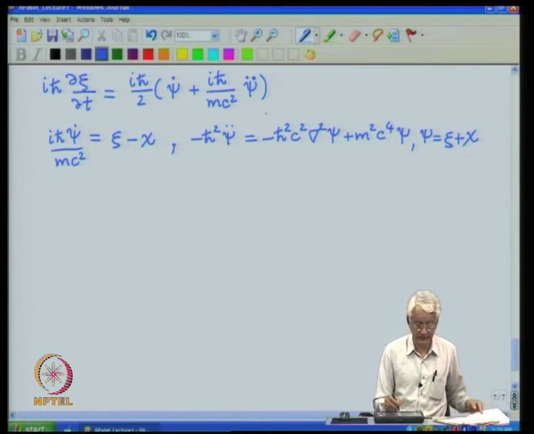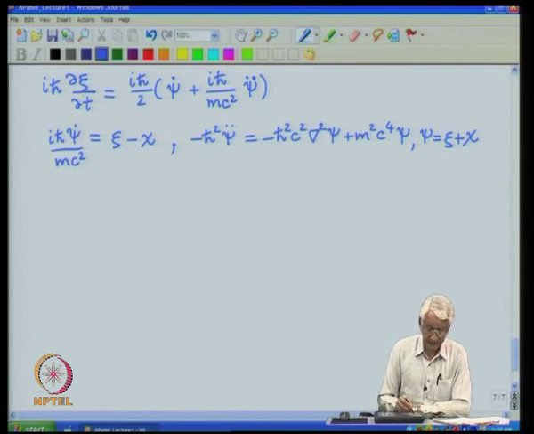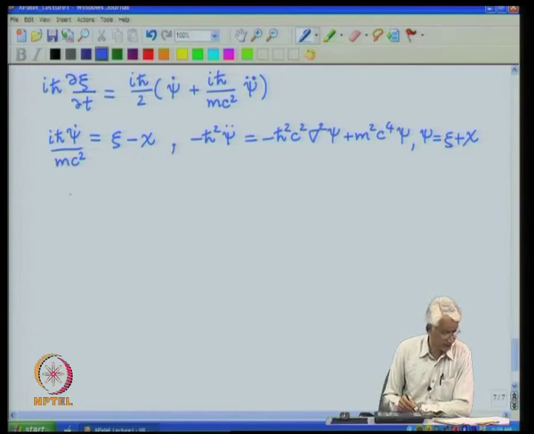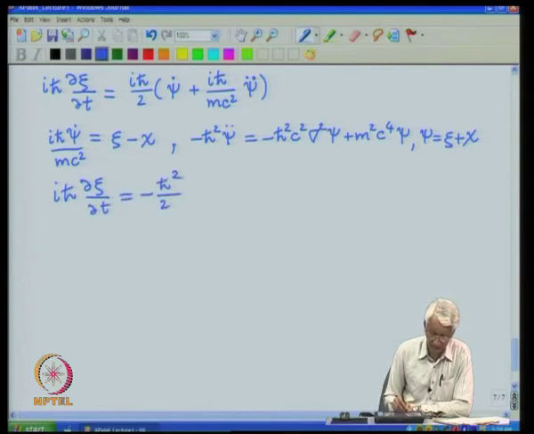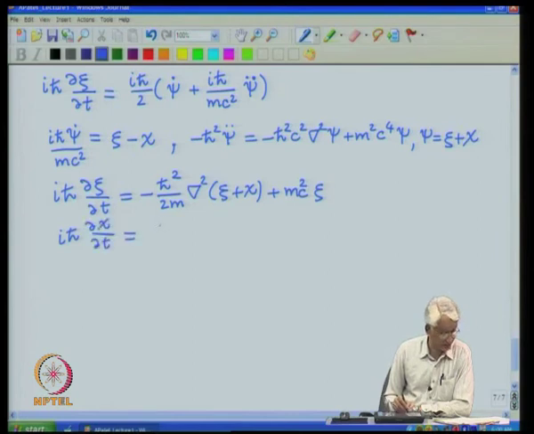So, with all these substitutions in this equation, the first derivative form can be completely rewritten in terms of no time derivatives and the two variables zeta and chi, and the result is I h cross del zeta by del t is equal to minus h cross square by 2 m del square of zeta plus chi, and a similar equation for the second variable, where the signs are essentially the opposite.